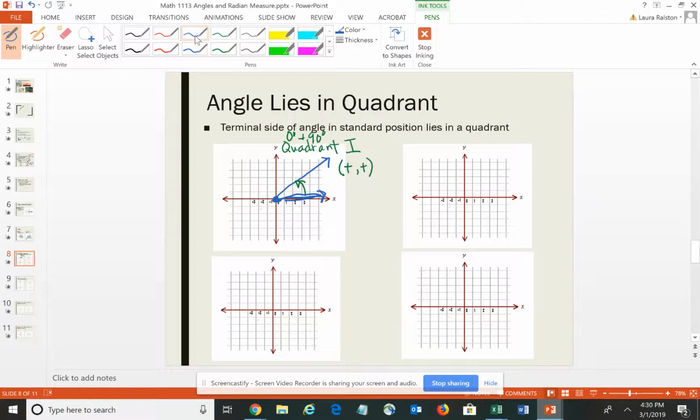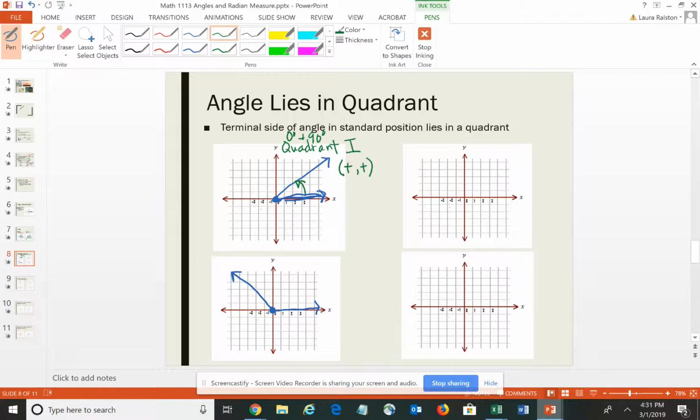Okay, for the second one, again, vertex on the origin, initial side is on the positive x-axis, and we rotate. Again, it doesn't matter whether I rotate clockwise or counterclockwise. I'm focusing on the region in which the terminal side lies.